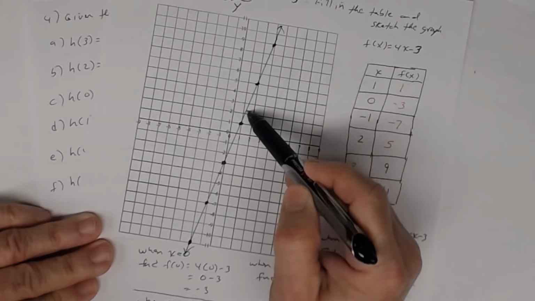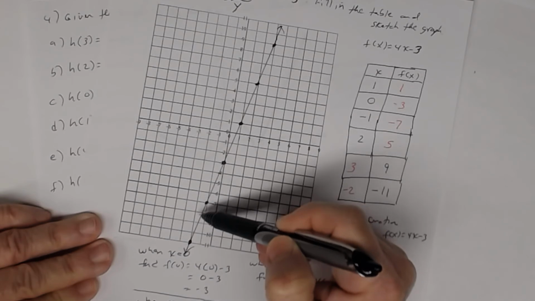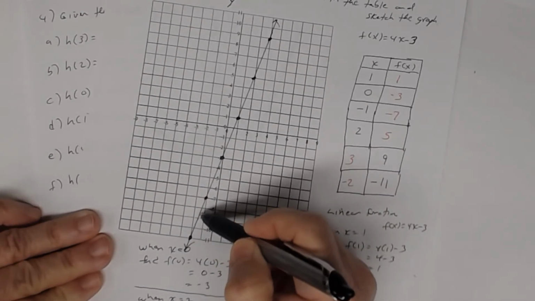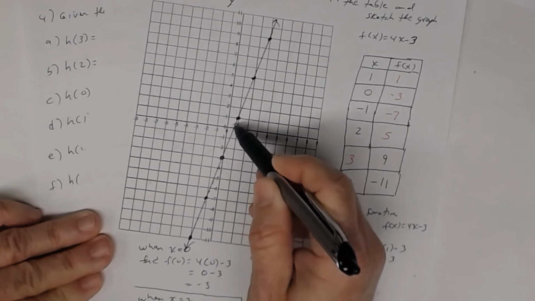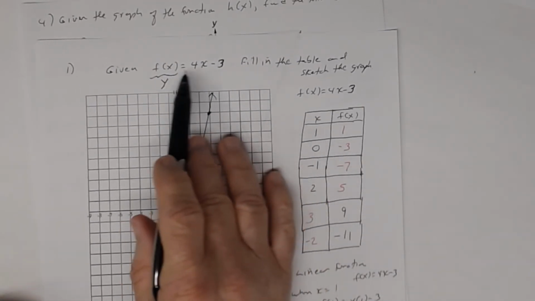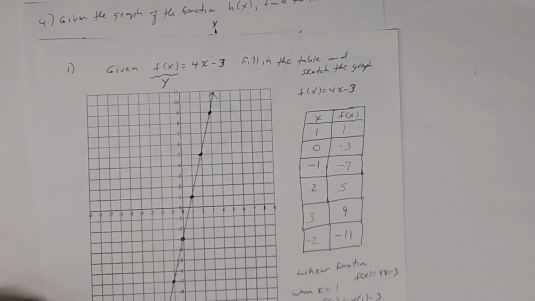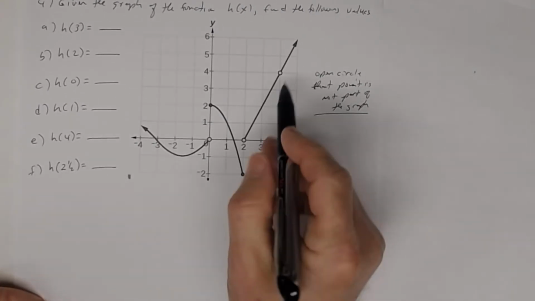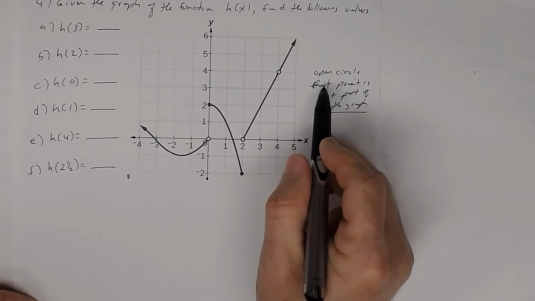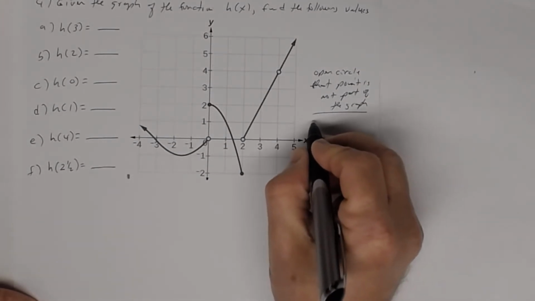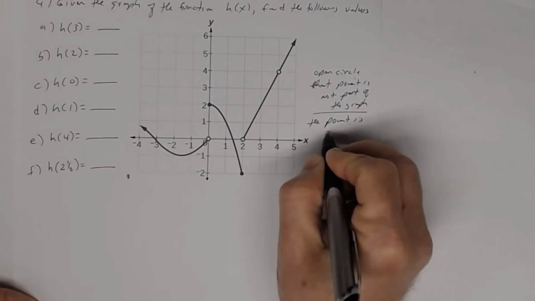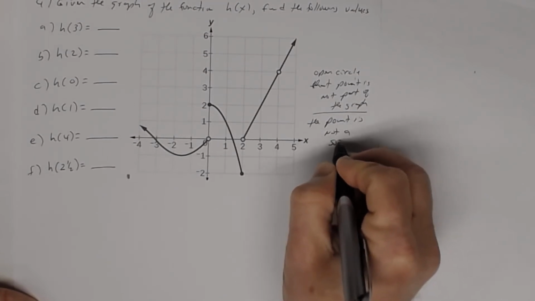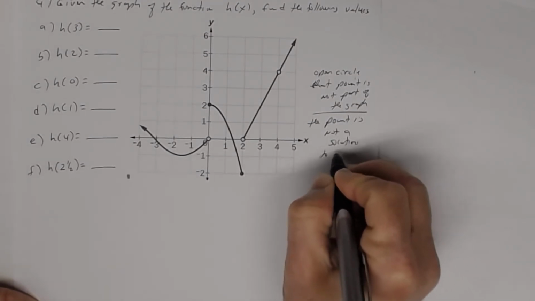All these points on that line, and there are an infinite number of points, are solutions to this function, to this equation. So when you see an open circle, we can also say that the point is not a solution to the equation.